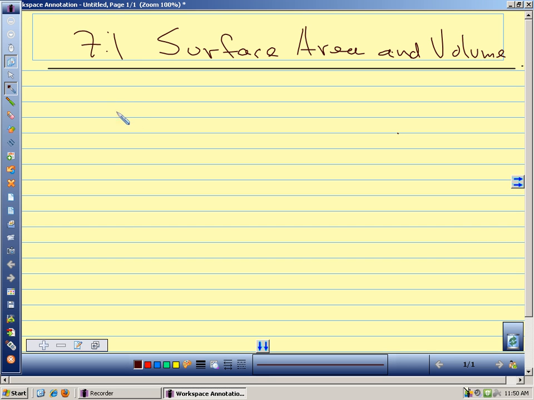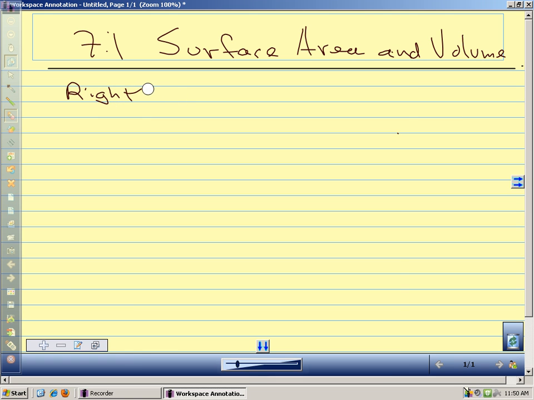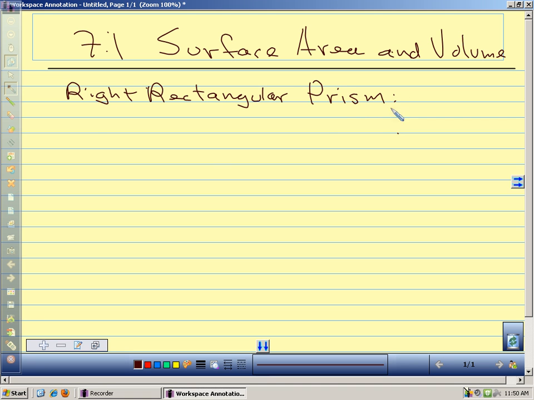So the first shape we want to talk about, guys, let's put those away, please. A right rectangular prism. So we're going to talk about the surface area and volume of a right rectangular prism.